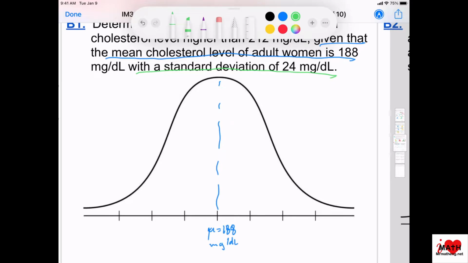And then it says with a standard deviation of 24. So that means if I add 24 here, I will get 212. And if I add another 24, I will get 236. And if I add 24 again, I will get 260.